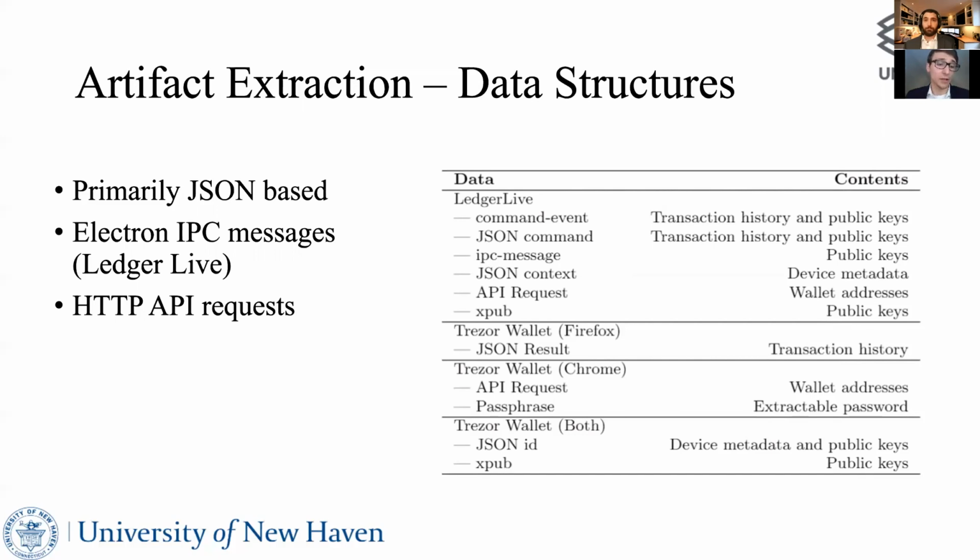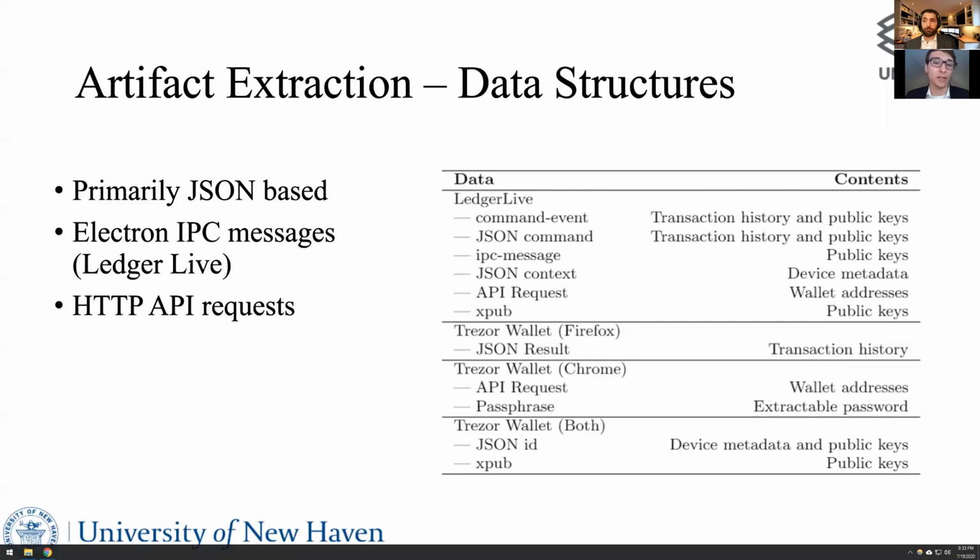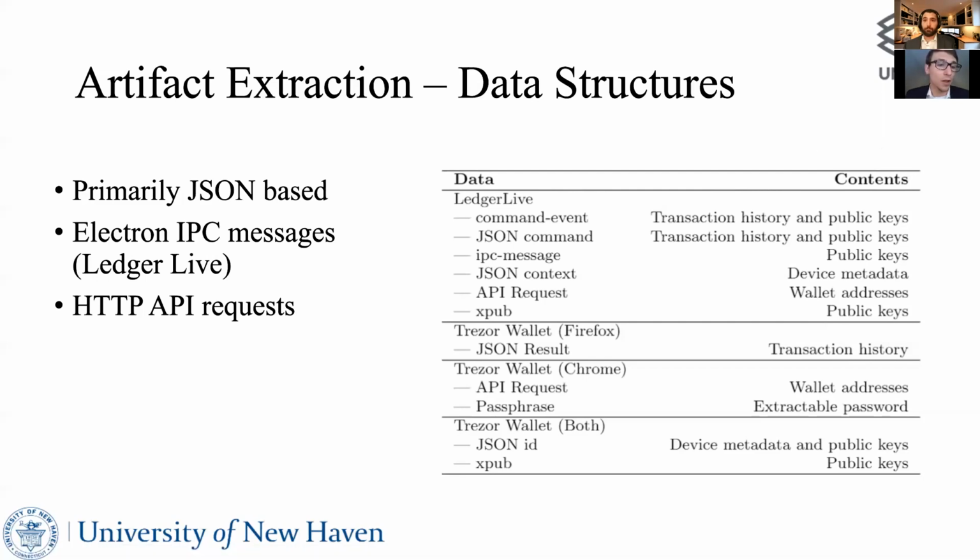Specifically in the Electron app, we noticed that the segments of memory dedicated for inter-process communication were sending back and forth JSON dictionaries that could be easily retrieved and were in predictable locations. We also noticed that some of the data was embedded in HTTP requests, in either URLs or in the request itself, and we were able to extract data from those.